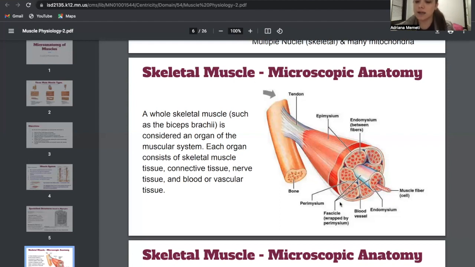And inside of the fascicles, we can find the individual muscle cells called myocytes, and they are surrounded again by connective tissue called endomysium.